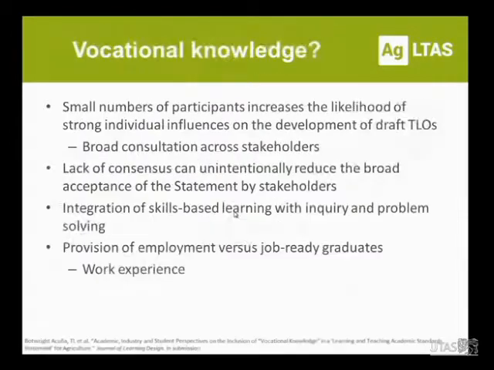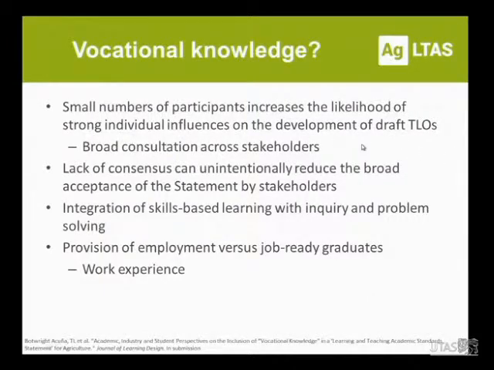Now, we've written a paper that has gone through some of the process that we've undertaken in developing the threshold learning outcomes, but we've also used this question about vocational knowledge to explore it a little bit further. And just some things that we found, and some of these would be in common with other projects that have also used a similar approach.